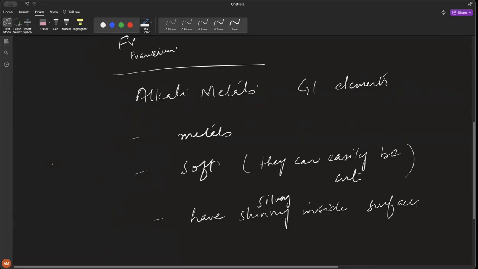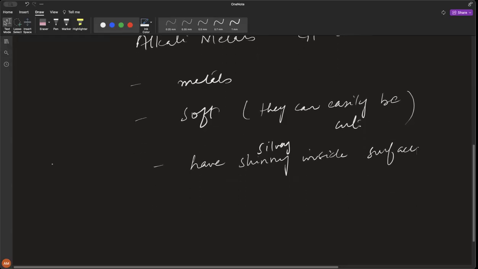It tarnishes, which means this shiny appearance goes away, because they rapidly react with air. All right. And then alkali metals have low melting and boiling points.